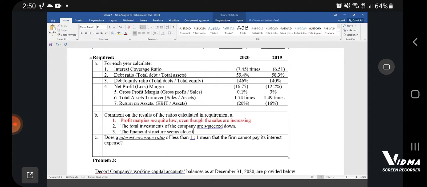So the financial structure seems close to the optimal value with a very slight increase, but that we did not recognize as a problem area in the company, okay? So these again are comments that we do now in advance or in complementing the comments that we did for every ratio over here.